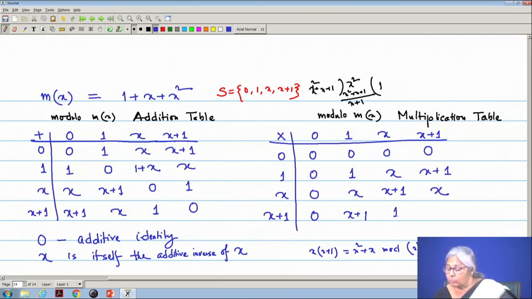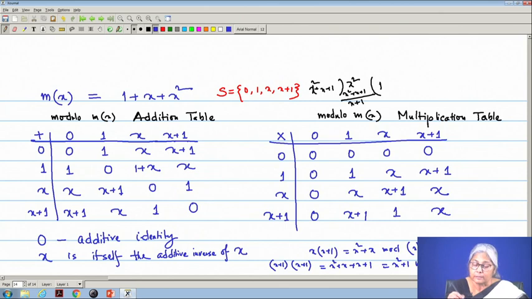So, it will be 1. Now if I multiply x plus 1 into x plus 1, this becomes x square plus x plus x plus 1, which is x square plus 1. Again the degree is more. So, I have to take modulo x square plus x plus 1, and then x square plus 1 will go and x I will get.